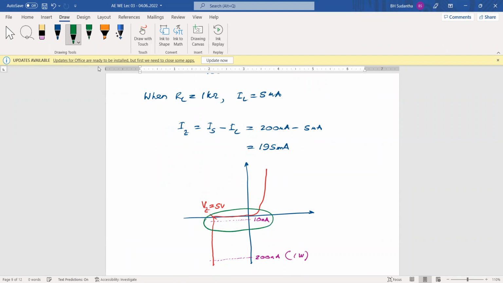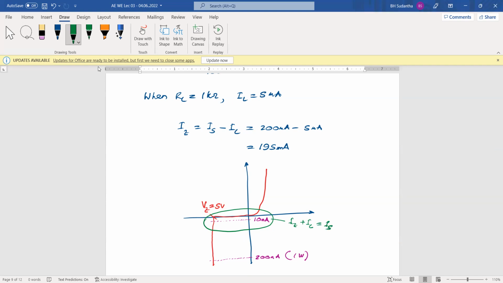We need the minimum value of Zener current it can handle, because after that, the Zener action will not be there. If you know this minimum value, we can take this one as IZ. Then IZ plus IL should be IS.